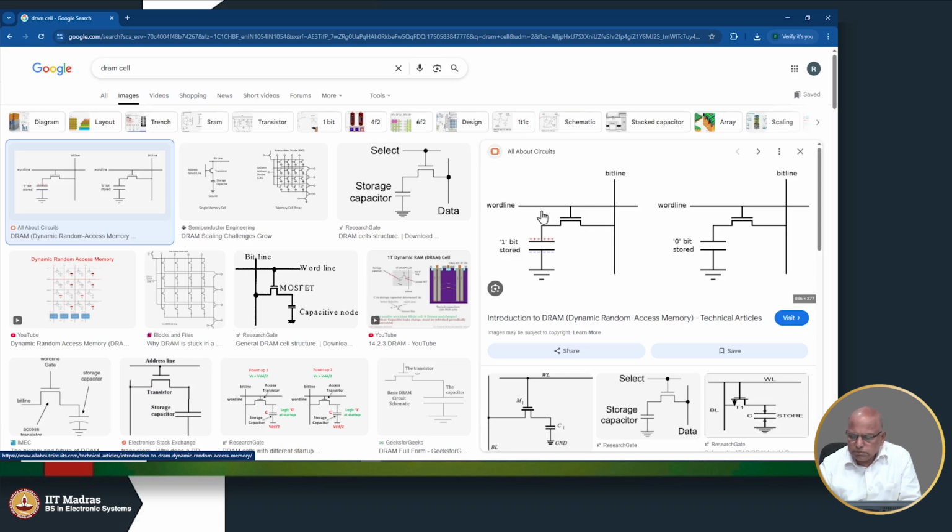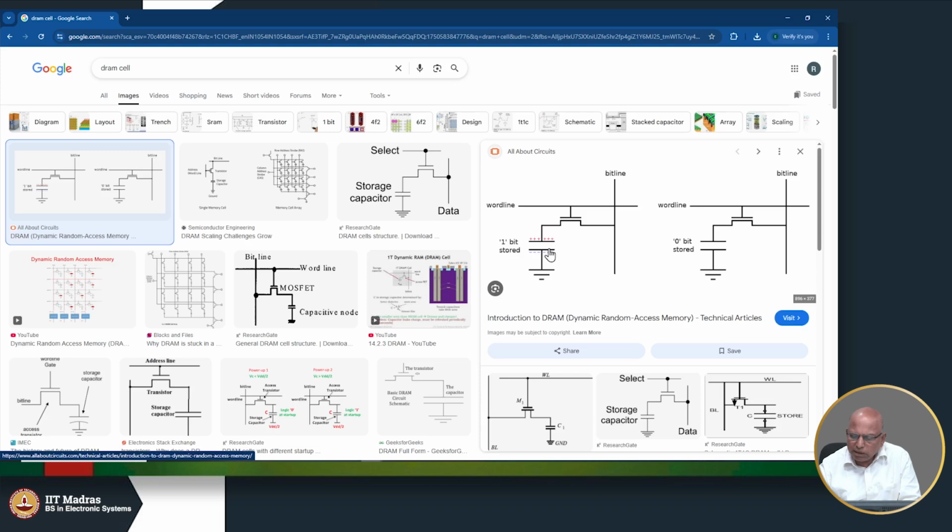We have put a 0 on the word line, but unfortunately this transistor will not be a perfect open, it will still have some resistance. So over a period of time, this charge can get leaked. So it will start losing this charge over a period of time.